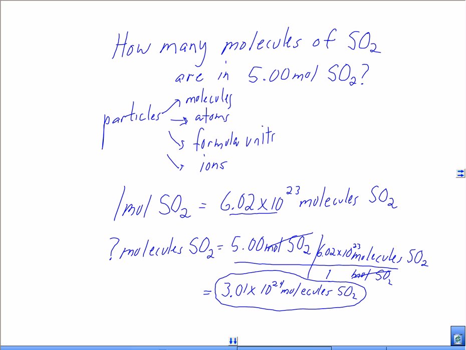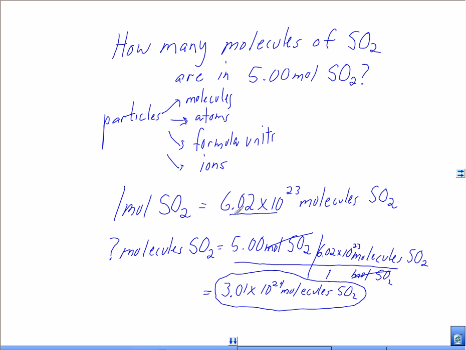And again, as always, we want to go back and make sure that the answer makes sense. Well, 1 mole of SO2 has Avogadro's number, 6.02 times 10 to the 23rd molecules in it. But I have more than 1 mole. And if I have more than 1 mole, that of course means that I'm going to have more than Avogadro's number.